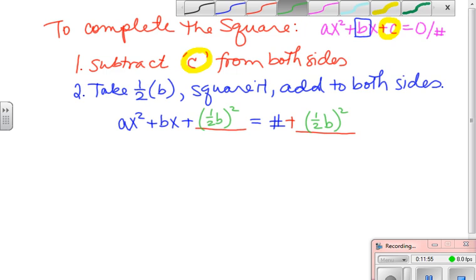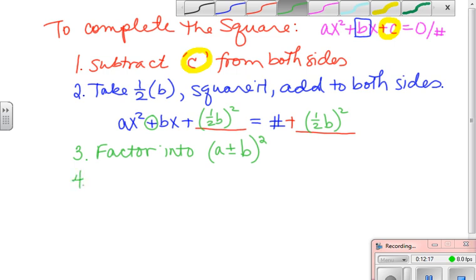Now what we've done at that point is we've guaranteed it will factor into a plus or minus b, the quantity squared. And the plus or minus is determined by that number right there. If it's minus, it's minus. If it's plus, it's plus.